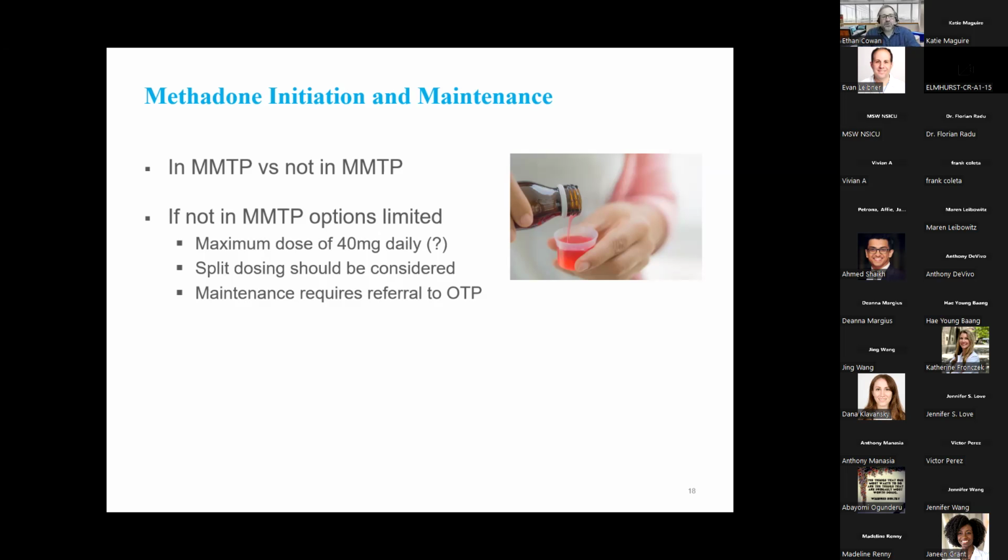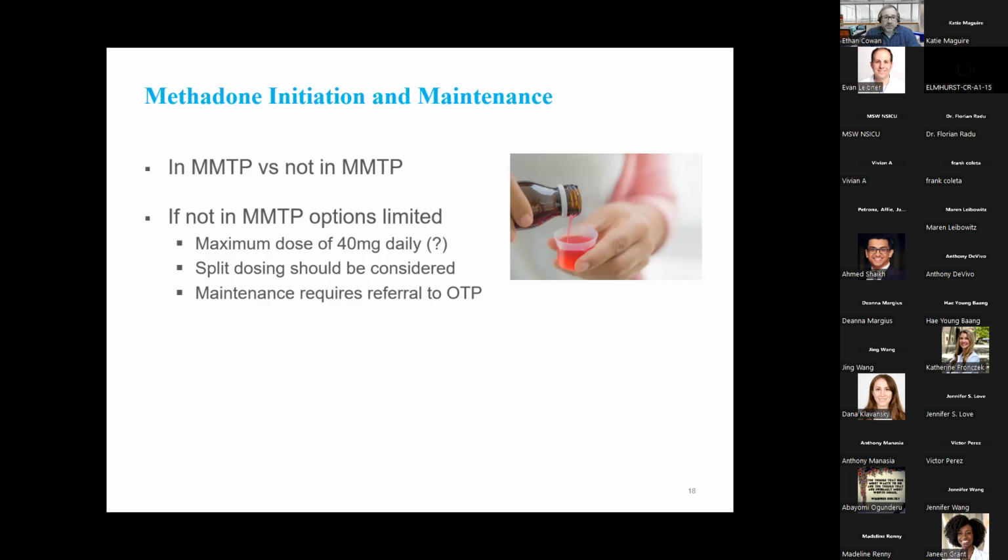Now, in New York, I've been told this a million times, and I've tried to find the regulations, and I can't actually find the regulations for dosing of methadone inpatient. But I've always been told, working here at Sinai, that the most we give for patients not in a methadone treatment program, so not in an OTP, is 40 milligrams a day. So that's kind of what we do. Patients get 40 milligrams of methadone a day.